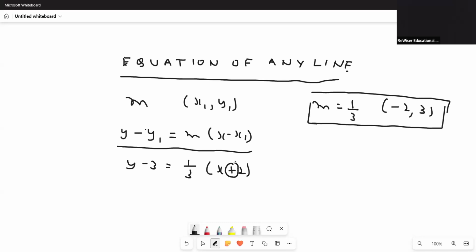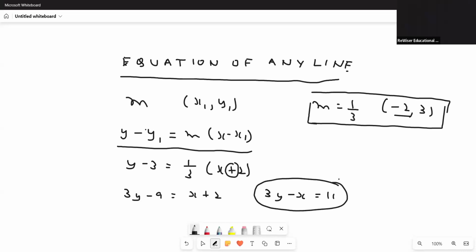Look at the sign change here because the x-coordinate is negative. So if I cross multiply, I got 3y minus 9 equals x plus 2. Or we got it as 3y minus x equals 11. So yeah, that's the equation of the line that we are looking for. Please learn this method. It's very, very useful.